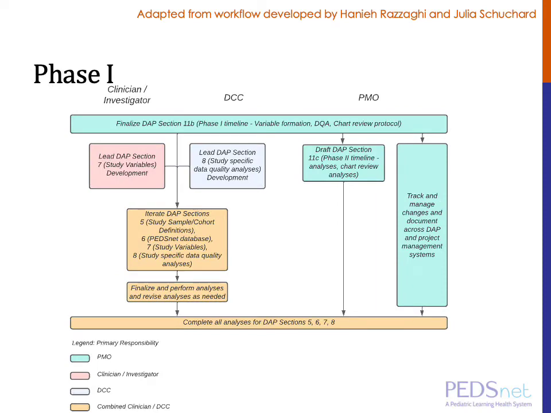The focus of phase 1 is study variable definition, cohort definition, use of the PEDSnet database, and study-specific data quality analyses. At this point in time, the PM would be focused on drafting the timeline for the second phase.